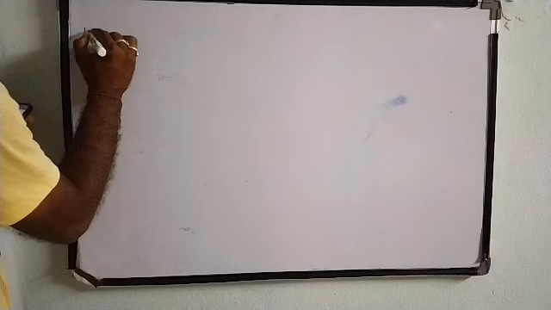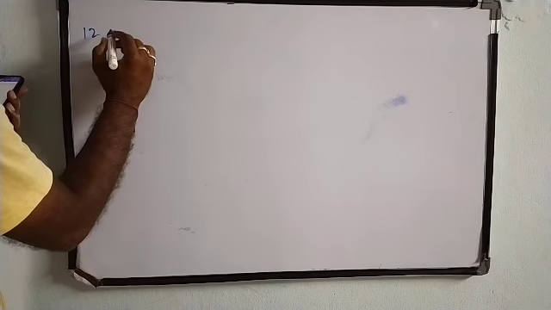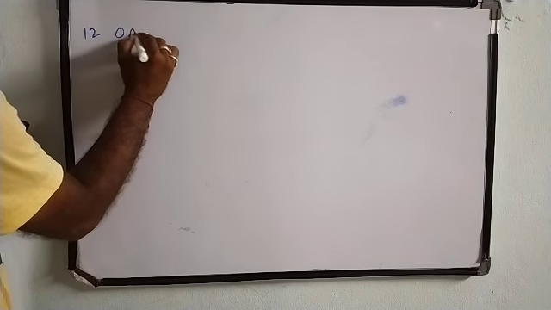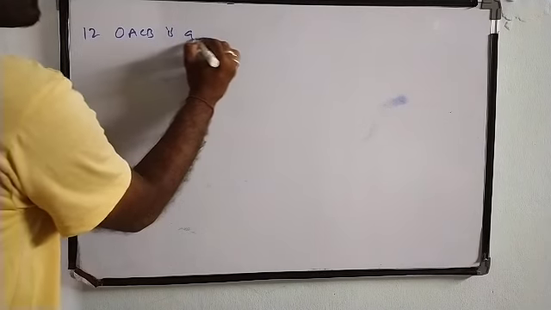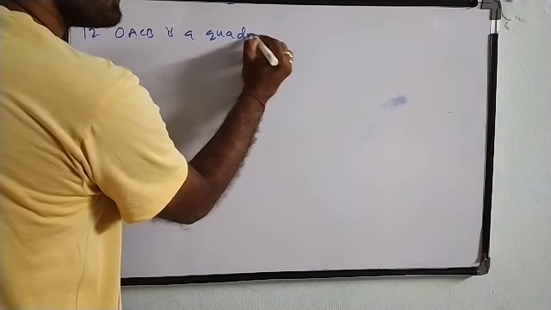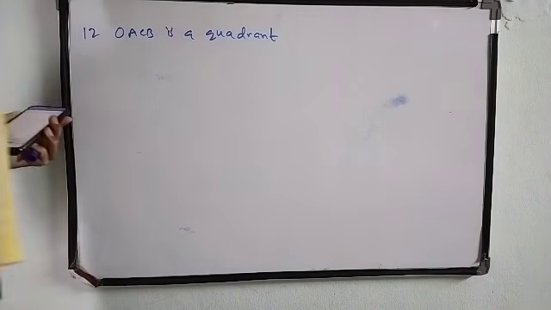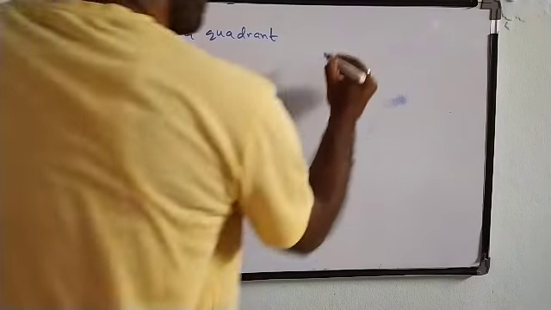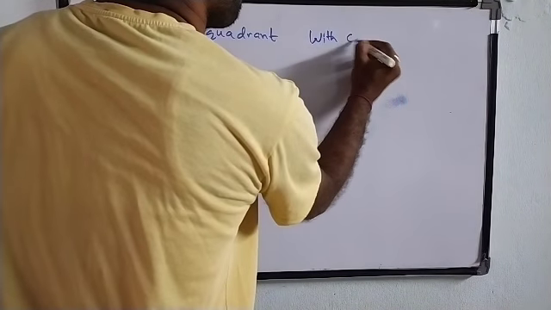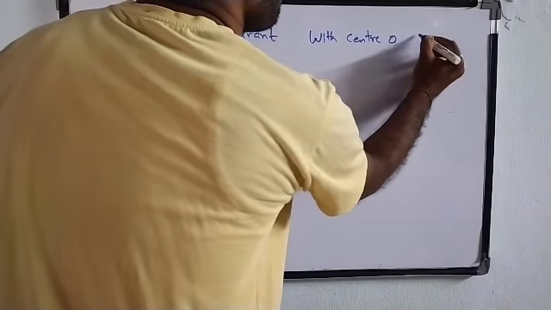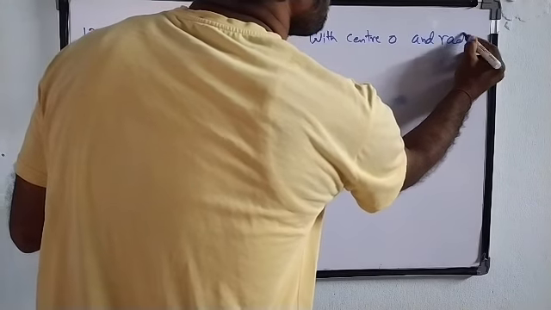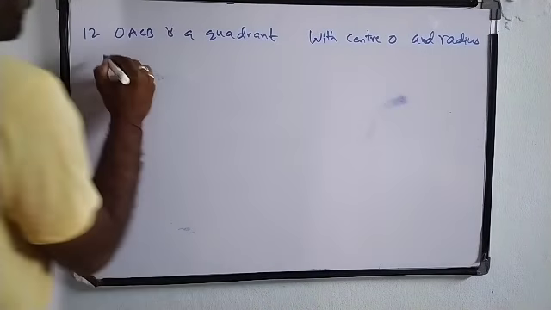Next, same exercise, let us see the 12th question. Given figure OACB is a quadrant. So quadrant means 90 degrees, with center O and radius 3.5.